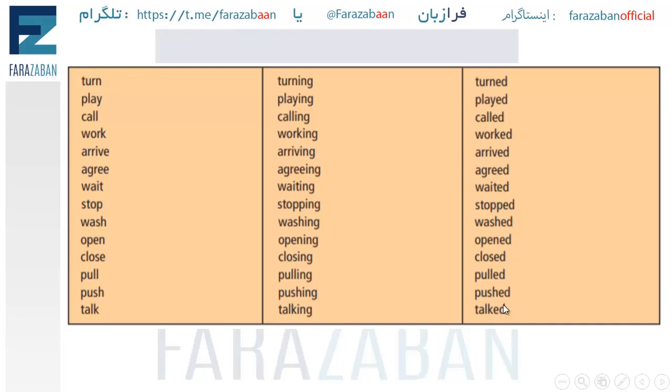As you can see, when you want to change the form of the verb into the past, add an ed to the end of the verb. هر موقع میخواین یک فعلی رو به زمان گذشته تغییر بدید، کاری که باید بکنید اینه که ایدی به پایان فعل اضافه کنید. اینجا یک نکته ای هست.